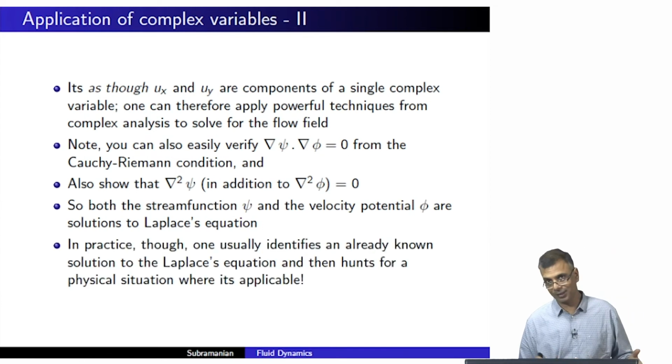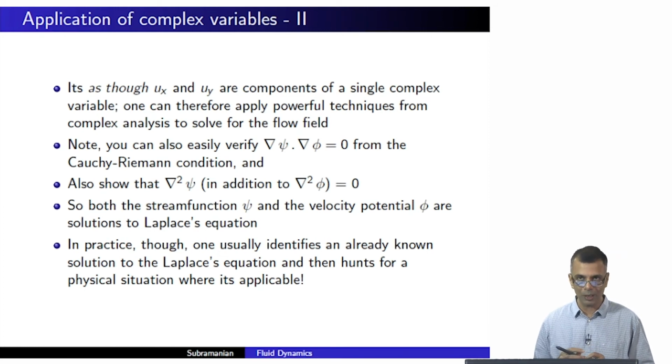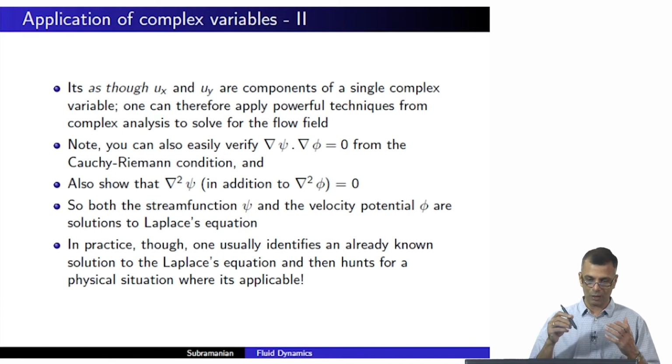In practice, and this is the trick, one usually identifies an already known solution to the Laplace equation and then hunts for a physical situation where it's applicable. It's not simply playing games with mathematics; there are very many physically interesting situations where such solutions are applicable.